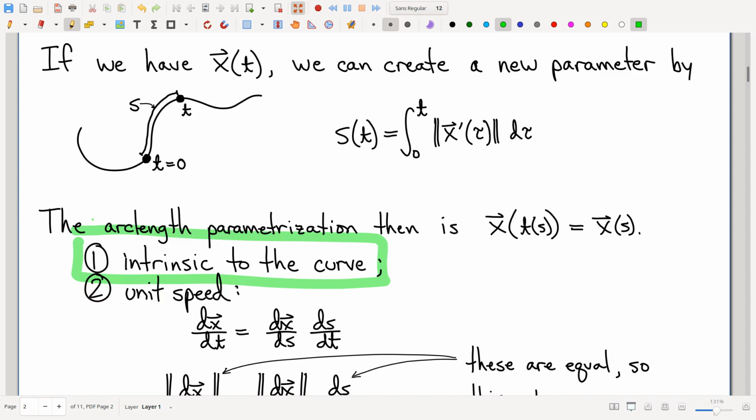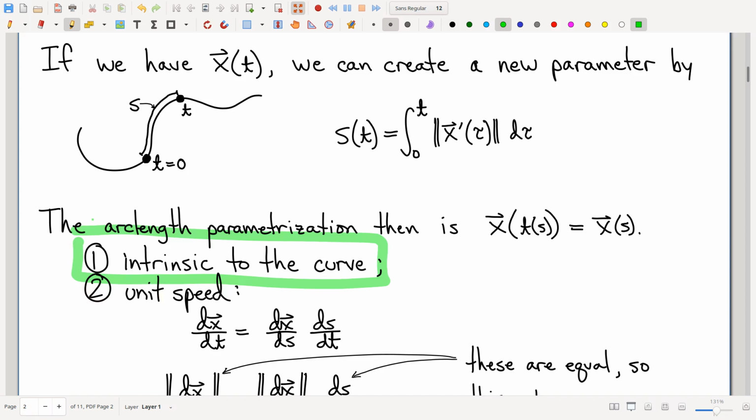So those different ways of driving down the road depend on the driver. Right? Depends on how fast you're driving. An arc length parameterization does not have that arbitrariness. Arc length parameterizations are intrinsic to the curve. After you've driven 17 miles, that's where you are.